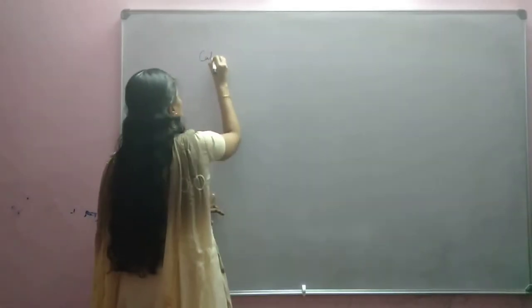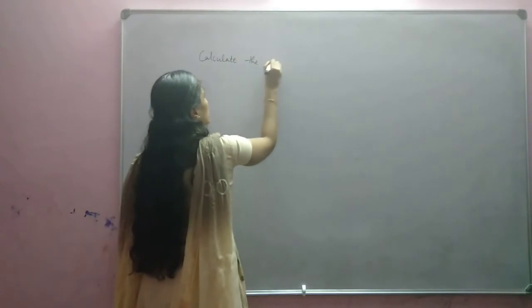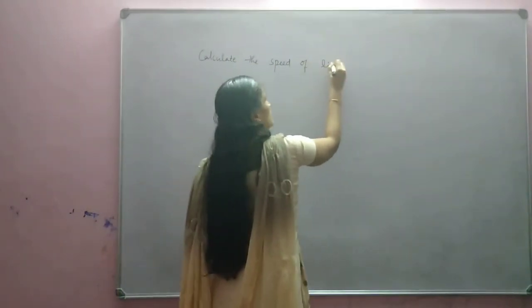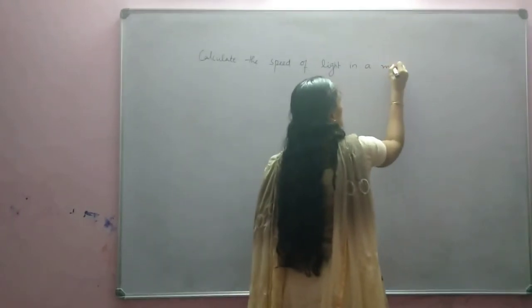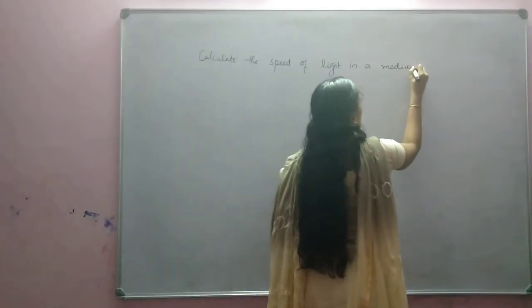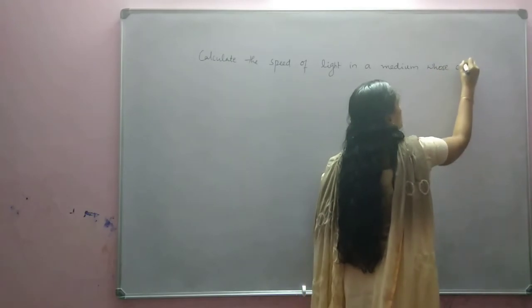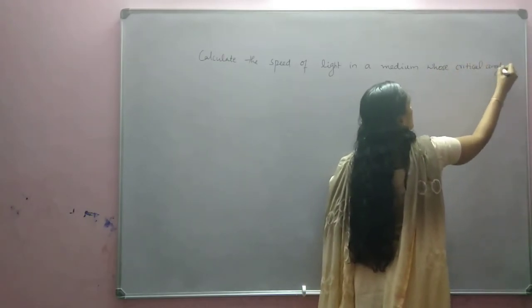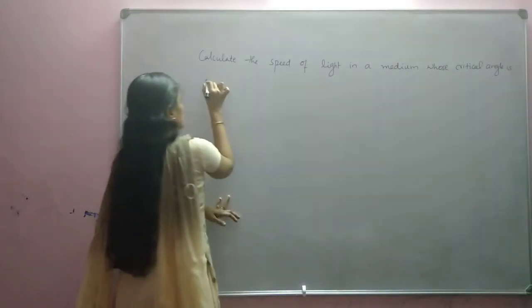Calculate the speed of light in a medium whose critical angle is 30 degrees.